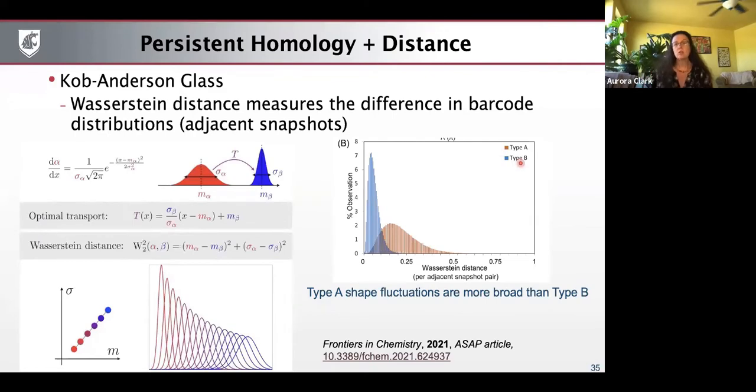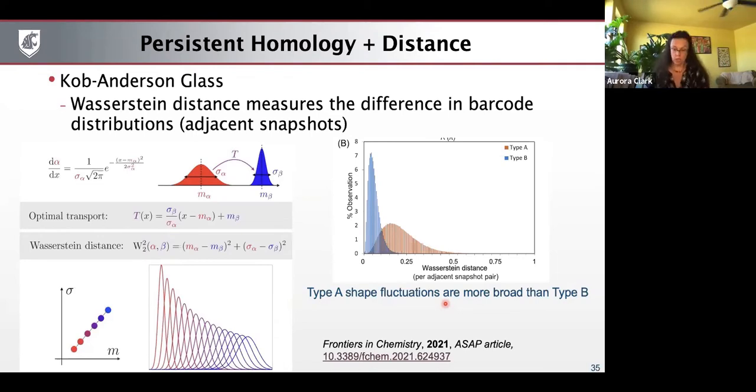And you can see very clearly in this really well differentiated case that the type A fluctuations are much more broad than the type B, right? So type A molecules, which are very delocalized, are fluctuating in their shape way more than the type B, which are much more localized.